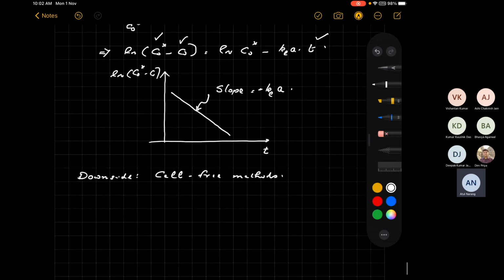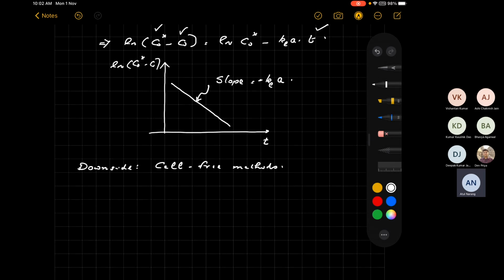These cell-free methods were actually taken from chemical engineering, where ostensibly they work quite well. Actually, there's another one which, if I have time, I'll mention. It's commonly used.